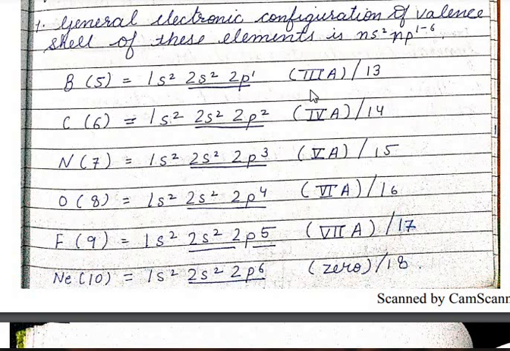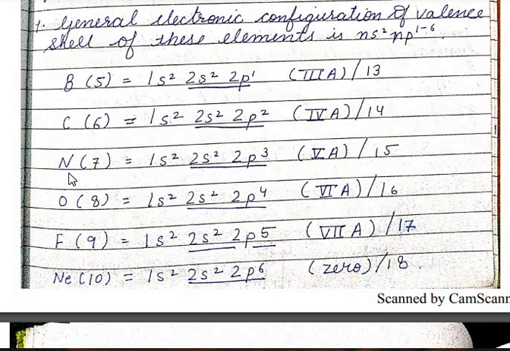It is placed in third A group or in 13th group. For carbon with atomic number 6, the electronic configuration is 1s2, 2s2, 2p2. The element carbon is placed in fourth group, or we can say in 14th group.